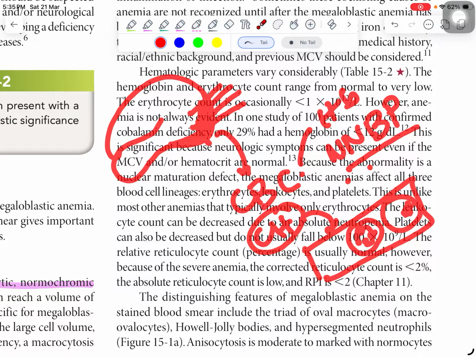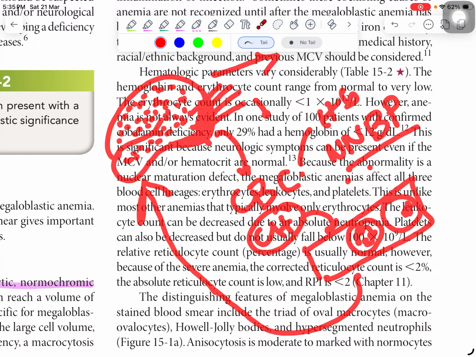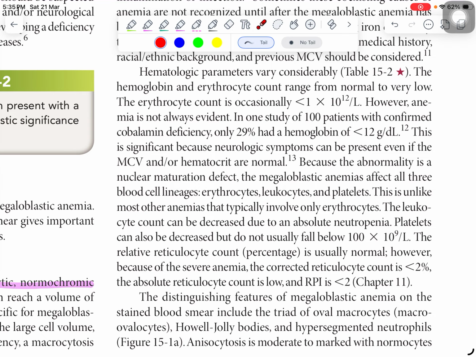So even if anemia is not there, this vitamin B12 deficiency is affecting his neurological system. In this case you can give B12 supplementation even if the anemia is not there, and that way this patient can improve.